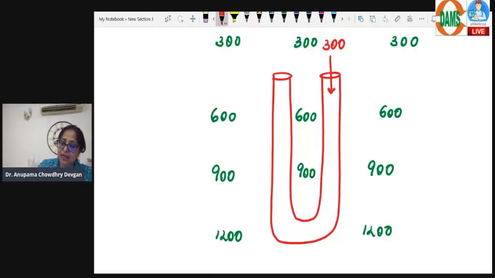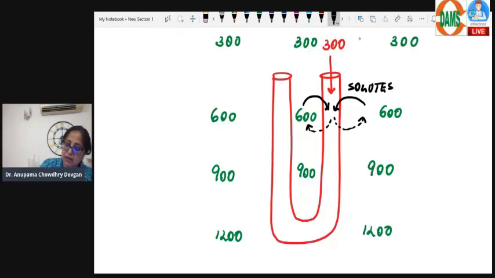So solutes will enter into the Vasa recta from the interstitium. Solutes are higher outside and less inside, so they come from outside to inside. Water is more inside and less outside, so water tends to flow from inside to outside. This will happen till the inside and the outside osmolality is the same. So it becomes 600 now.